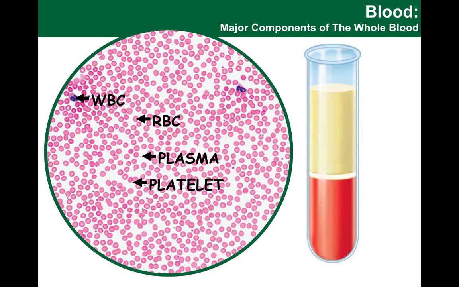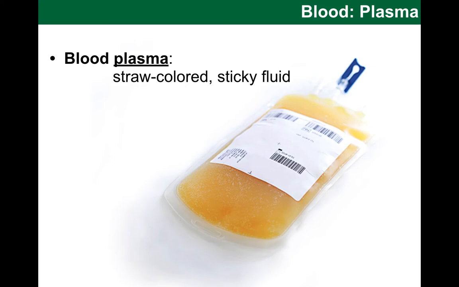Let's look at each of these in a little more detail. First, plasma. It is a yellowish-colored, slightly sticky fluid, and about 90% of plasma is actually water. Remember how we discussed the importance and properties of water earlier in our courses?